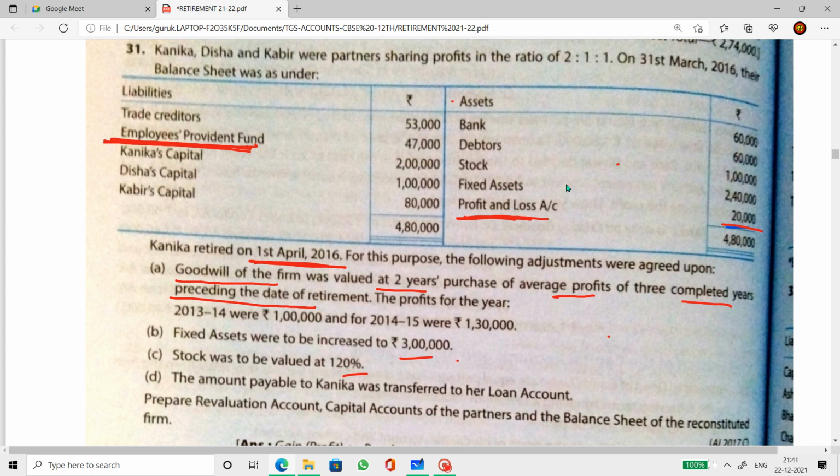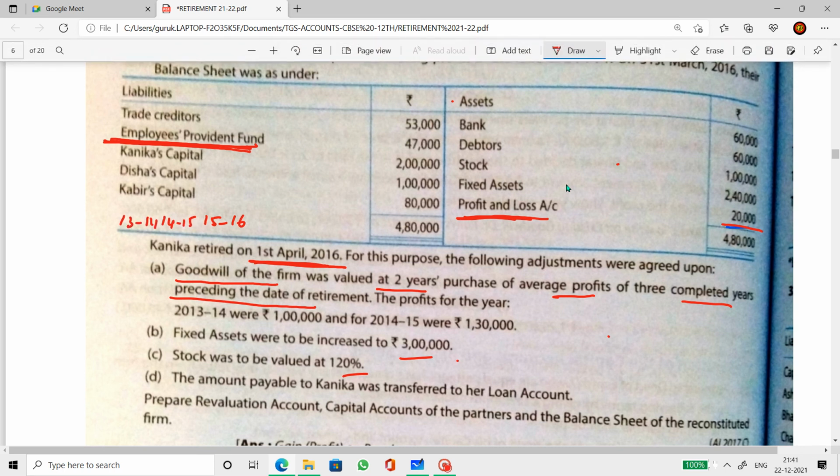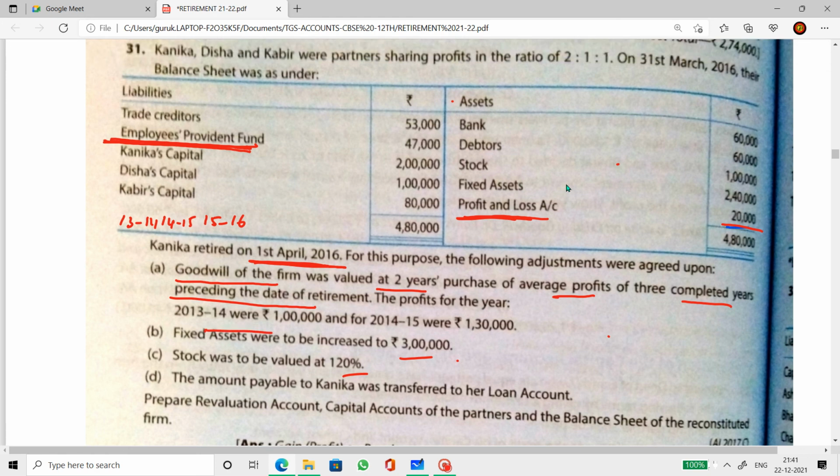We need to take the profit of 15-16, 14-15 and 13-14. 13-14 and 14-15 profit is given. 15-16 loss is given in the balance sheet. So while calculating the average profit, it is 1 lakh plus 1 lakh 30 minus 20 because it's a loss. That is how we get the average profit, and through that we can find the goodwill.